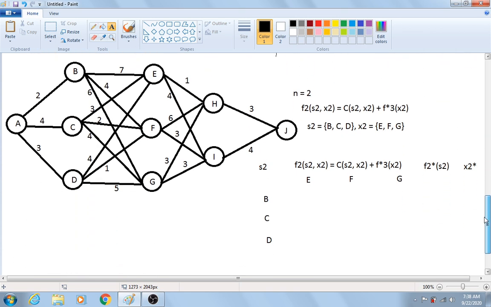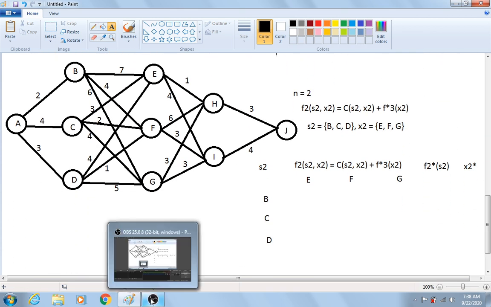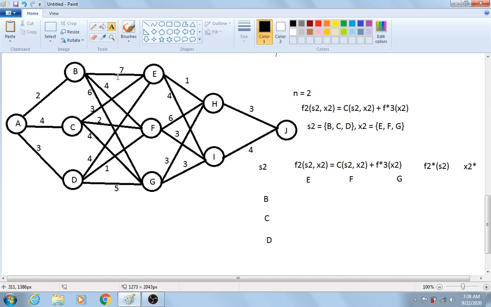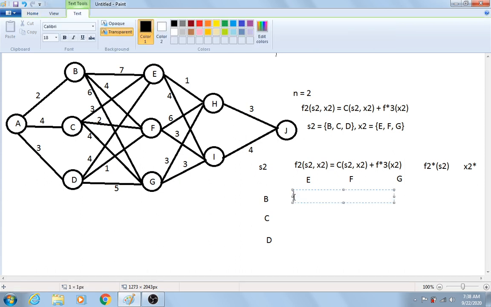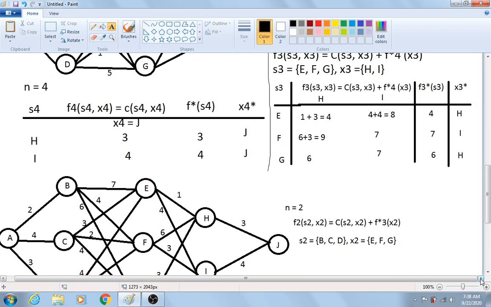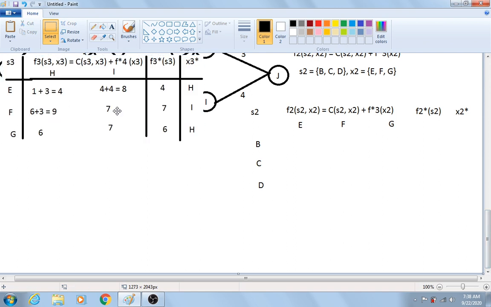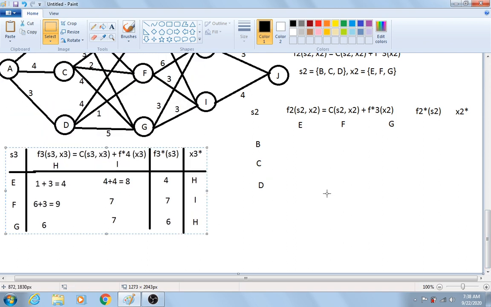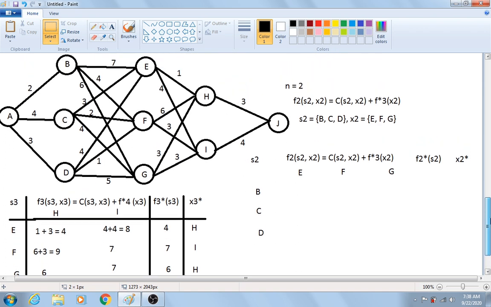Okay, now if we go from B to E, the cost is 7. We go from B to E, the cost is 7, plus I think I'm going to need the table for stage number 3, right? We'll just copy and then paste over here, so it will be easy for me to see everything.